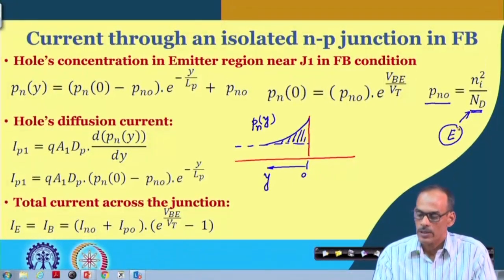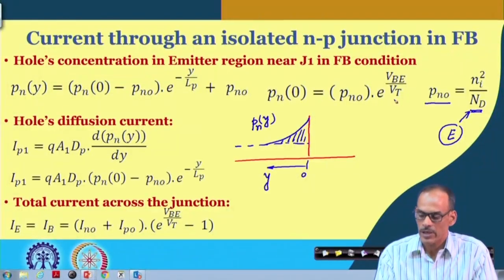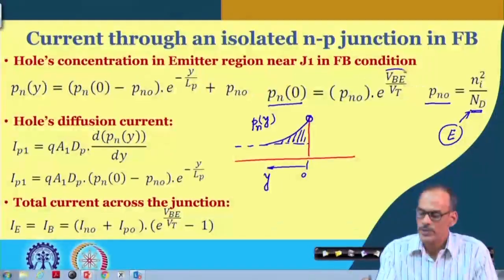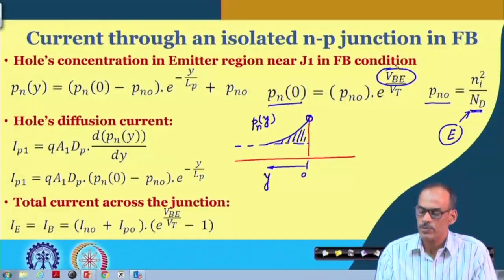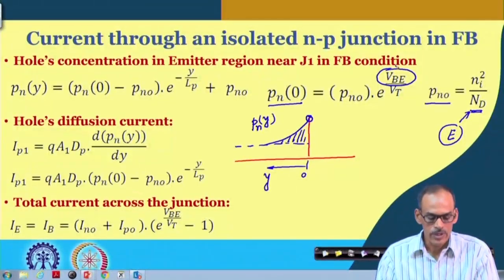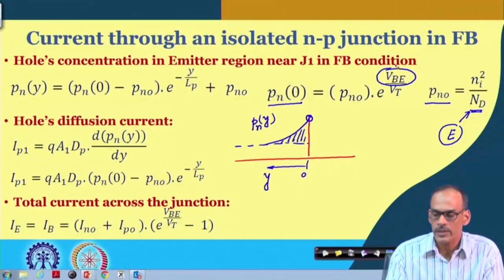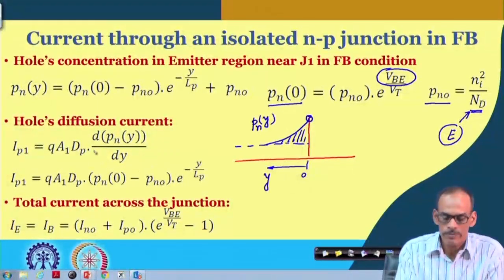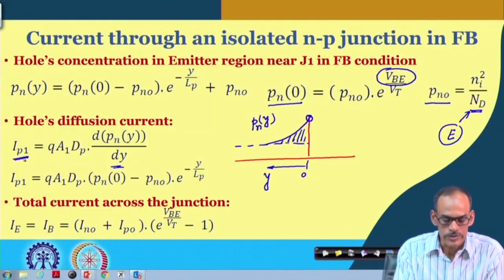And again, at this point, whatever pn0 is, it is an exponential function of the forward bias. So, I think it is very clear that if I take the derivative of pn(y) in terms of y, we can get the expression of the current carried by holes.